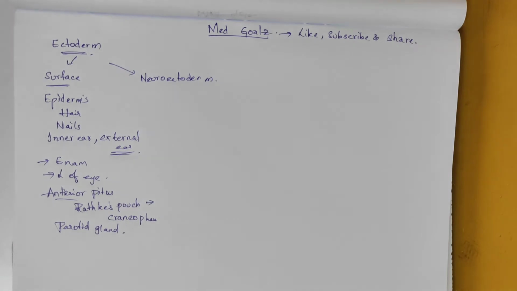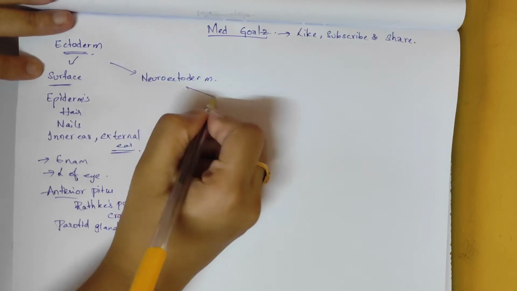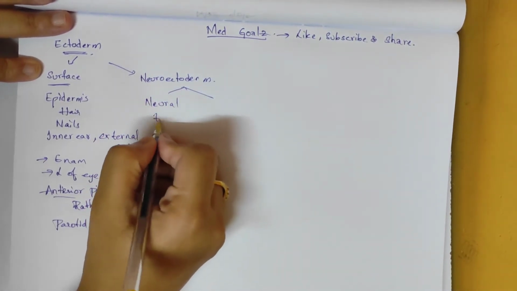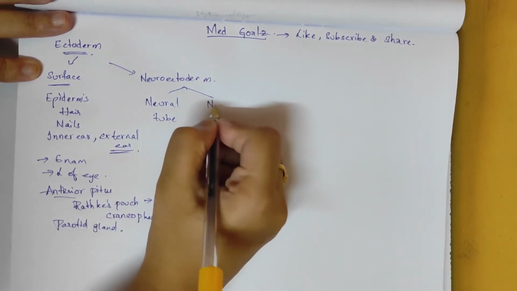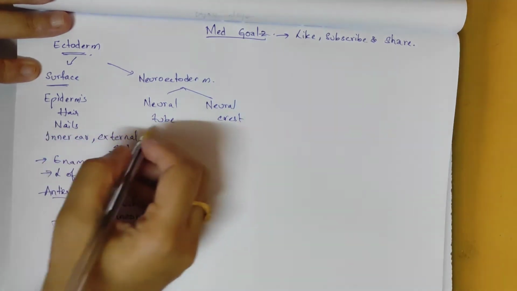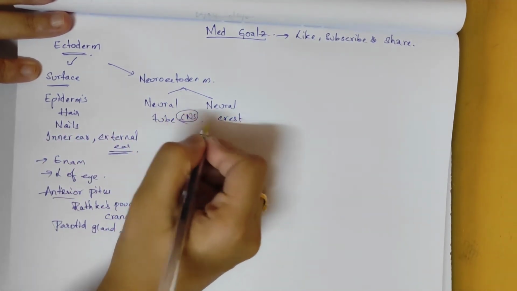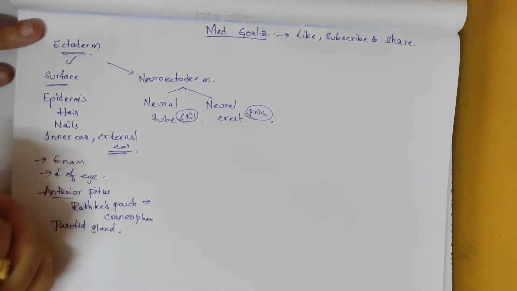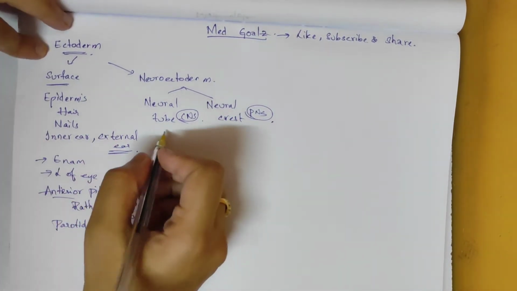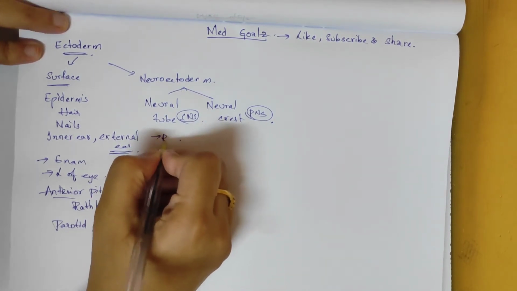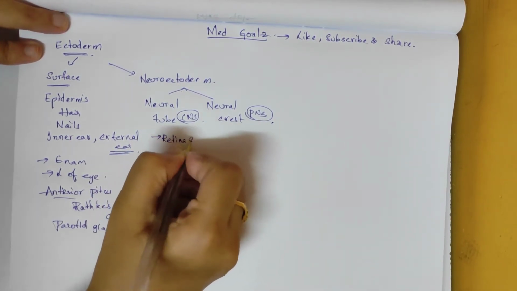And let's talk about the neuroectoderm. This neuroectoderm again has neural tube and neural crest. The neural tube is CNS and the neural crest is PNS. Just remember this as it is. So the neural tube has the central nervous system as named, and also the retina and optic nerve.